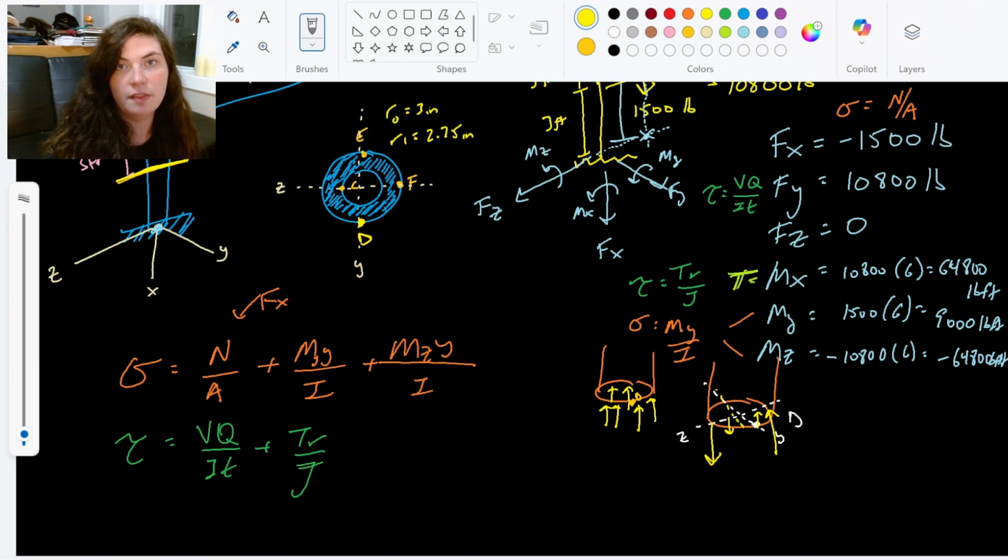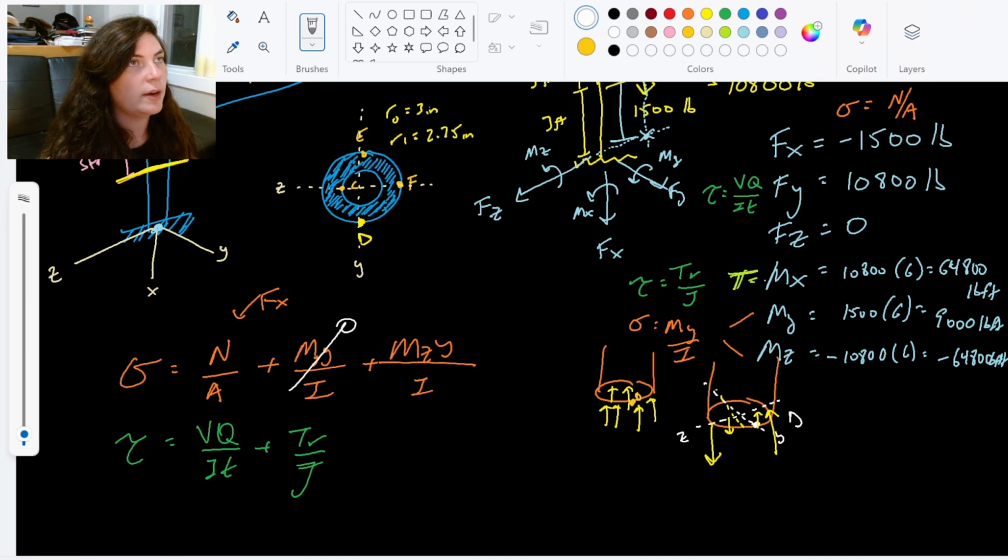And since D is on that y-axis, on our centroidal axis, there's actually no bending stress from My. So this whole term we can take to 0. There's no bending stress there for point D. If we were looking at one of these other points, we might be interested in it, but at point D, we're not. So that term is going to go to 0.